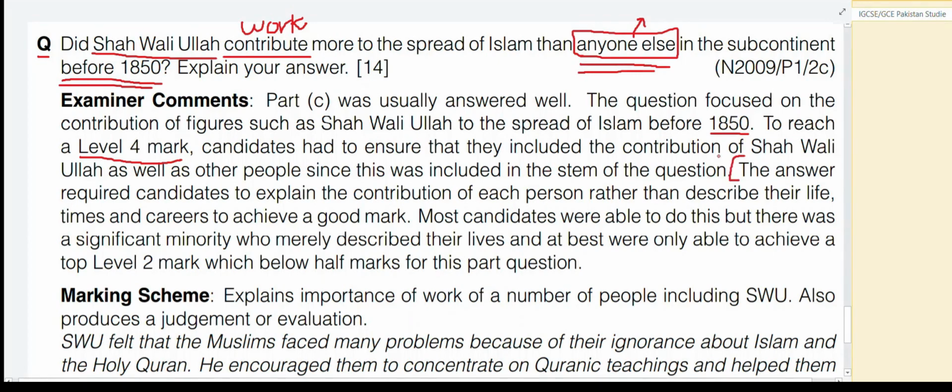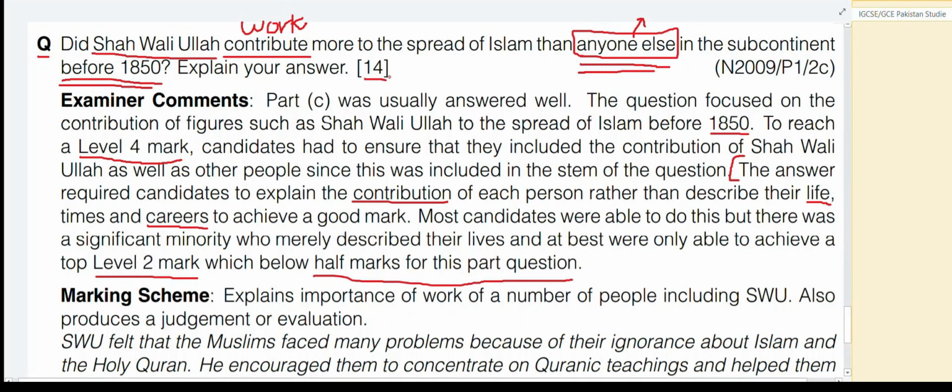Now, this is another very important thing. The answer required candidates to explain the contribution, the work of each person rather than describe their life, which is background, careers. These are all backgrounds, right? Most candidates were able to do this, but there was a significant minority who merely described their lives and at best were only able to achieve a top level 2 mark, which is below half marks for this part question, below 7 marks out of 14.